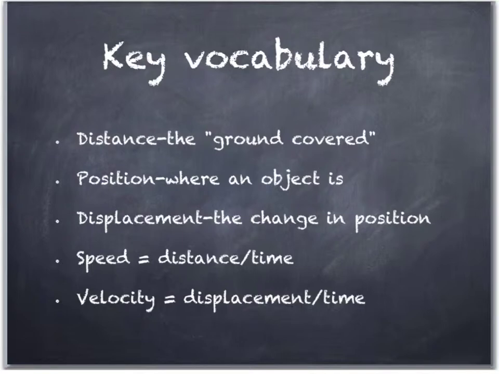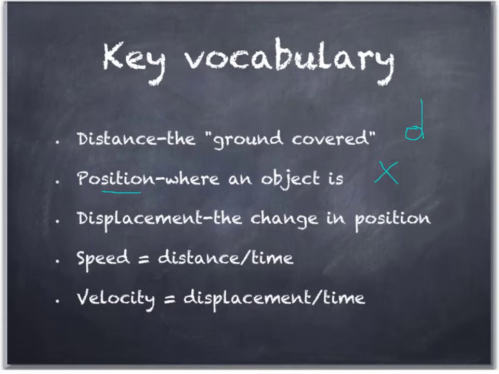Okay, so let's just review those terms that we had before. Distance just means the ground covered. Position, where an object is. Displacement is the change in position. So let's just look at the symbols here too. The symbol for distance is small d. Position is x.